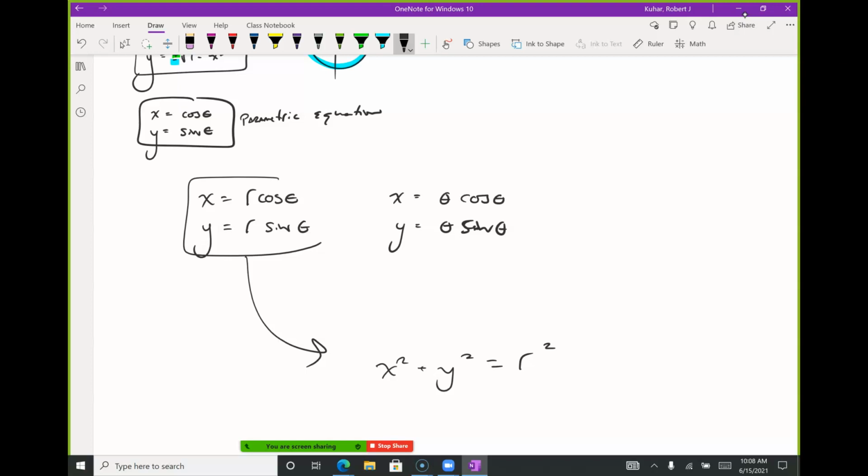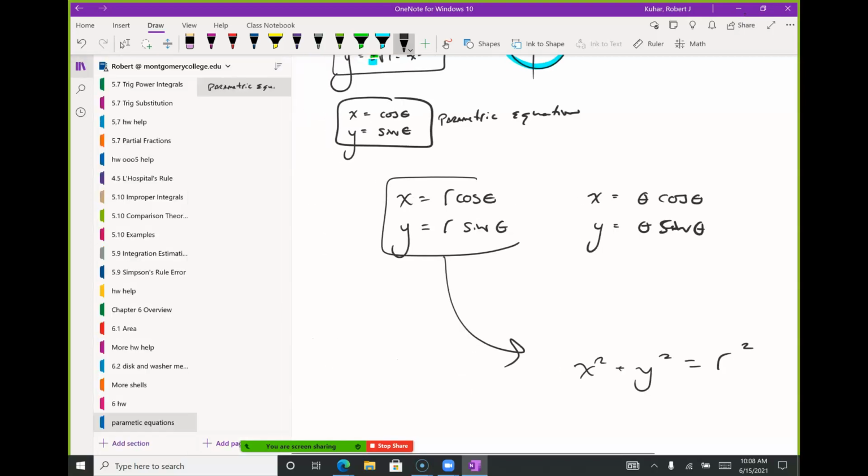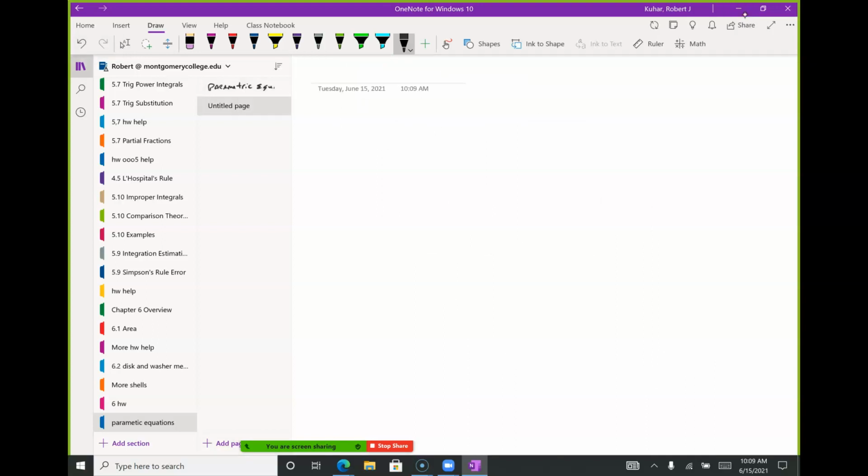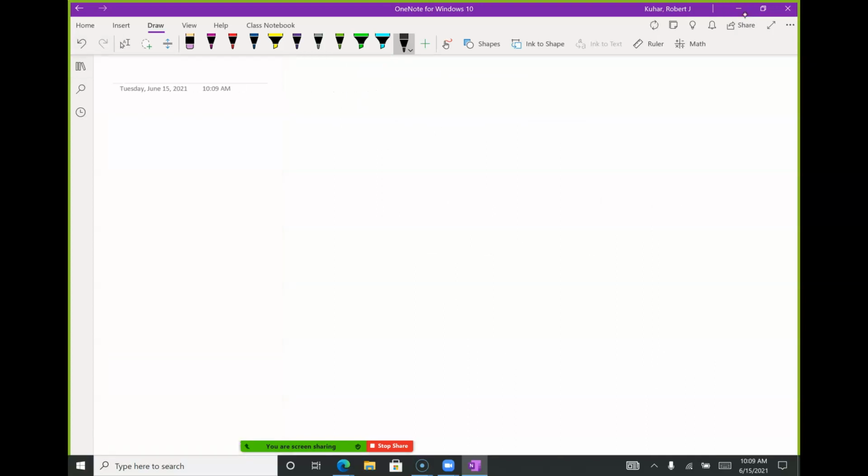So one of the things that we do is we can trick things to be parametric. So for example, if y equals the square root of 1 minus x squared, and I say x equals t, then notice what happens here.